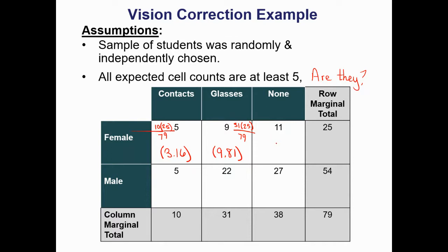What did we find for that expected count? 12.03.